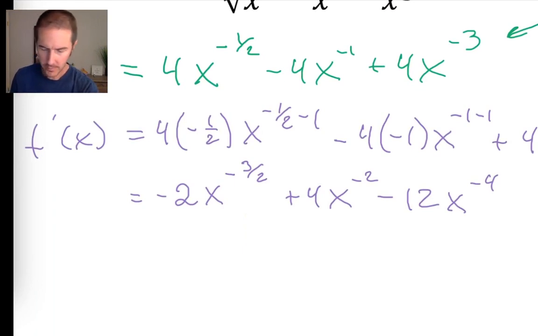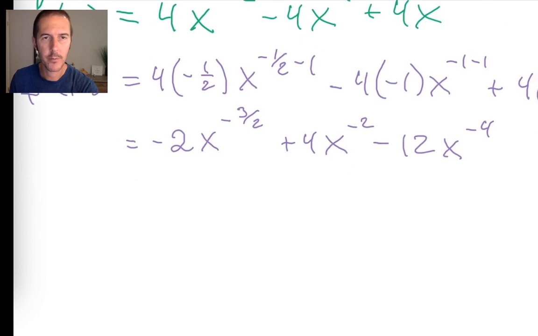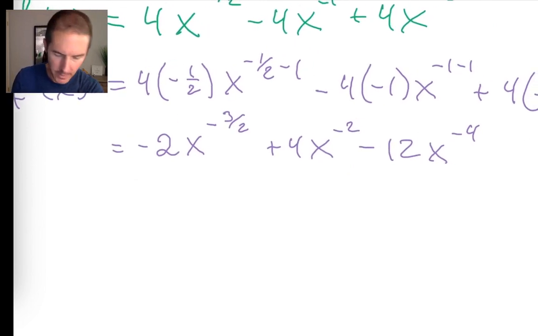You could present this as your final answer, or we could convert it from exponential notation back into radical notation, writing our answer without any negative exponents. So I'm going to write this as negative 2 over, watch me now, the square root of x to the third.